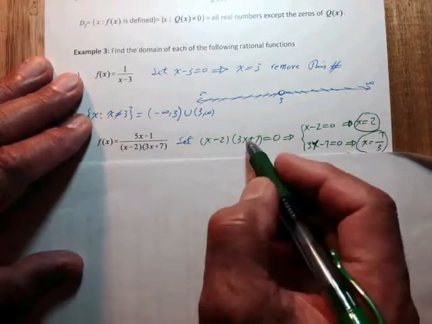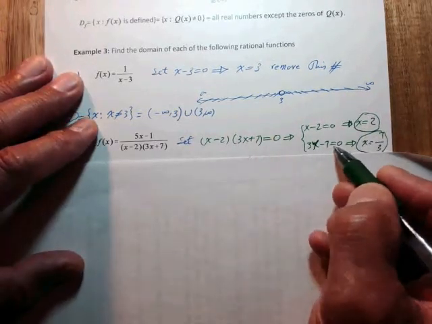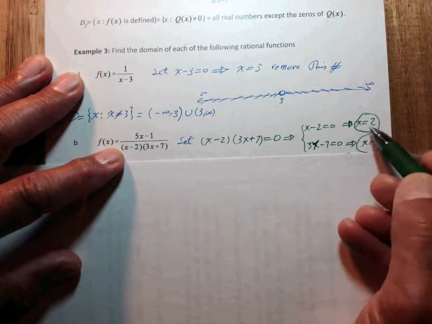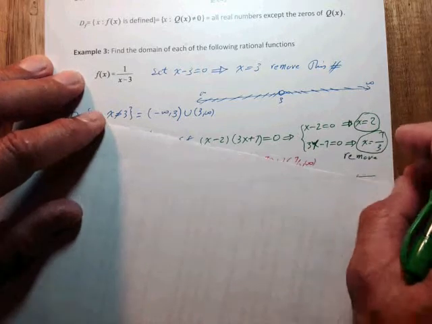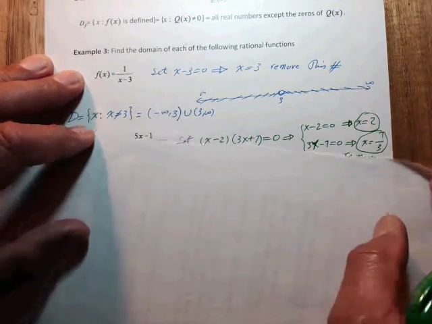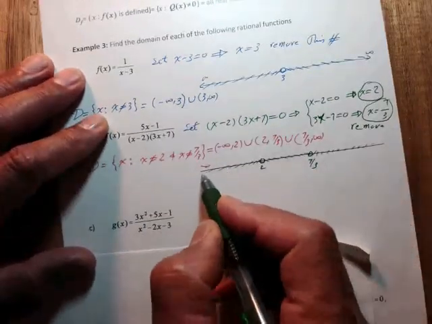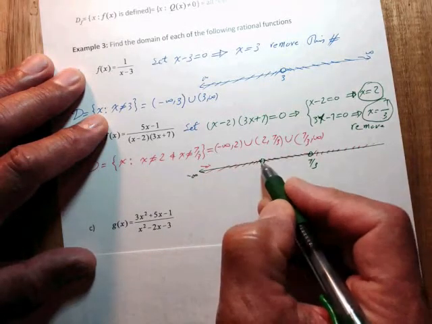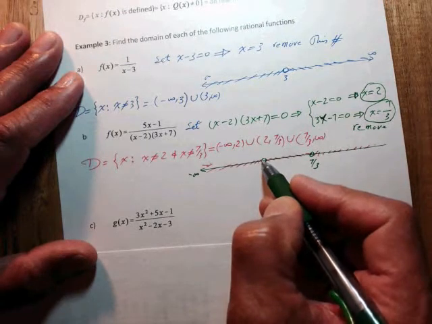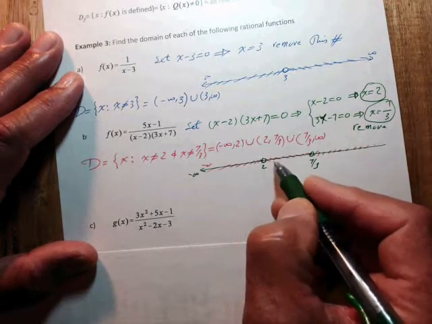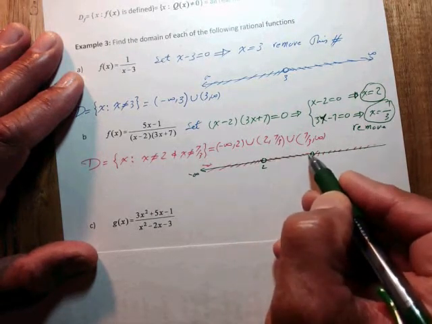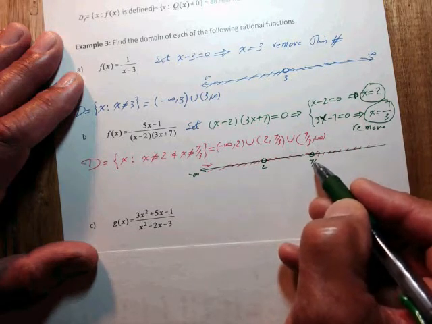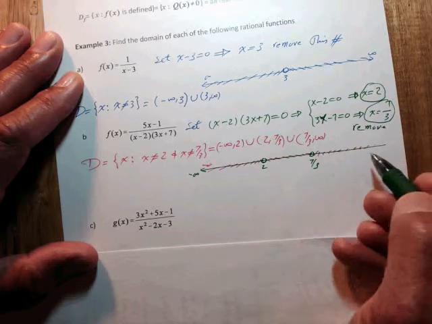And if I put 3x plus 7 equal to 0, that will give me x equal to negative 7/3, and these are the 2 points we have to remove. You see, remove these. So if you draw the picture, you go from minus infinity all the way to 2, bypass 2, go from 2 to 7/3, go over 7/3, don't just remove it, and then go from 7/3 to infinity.